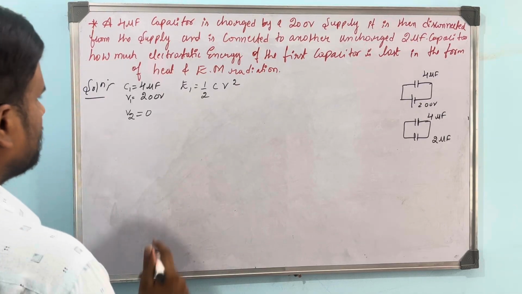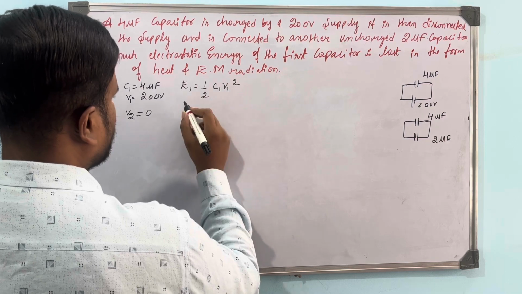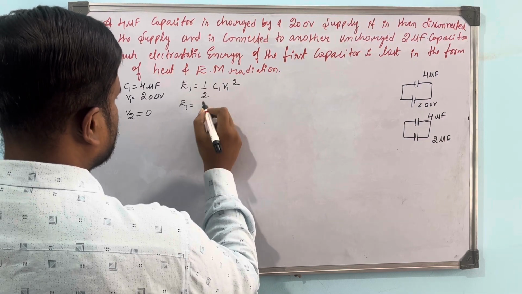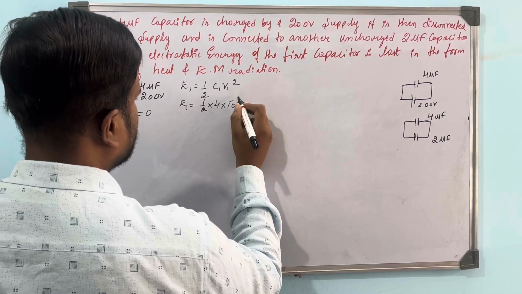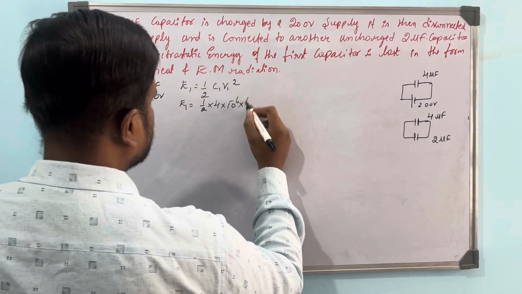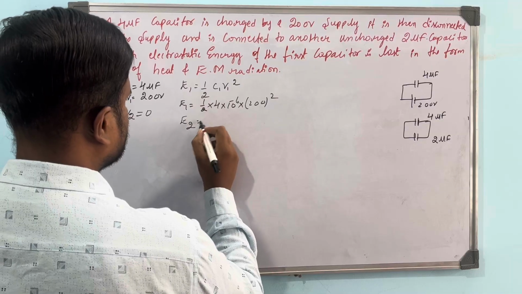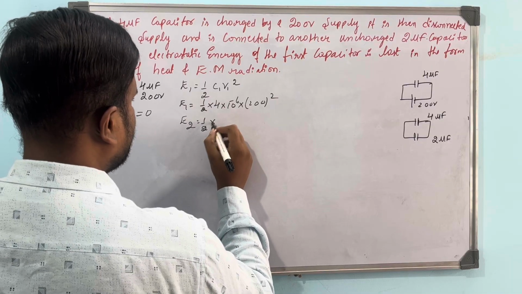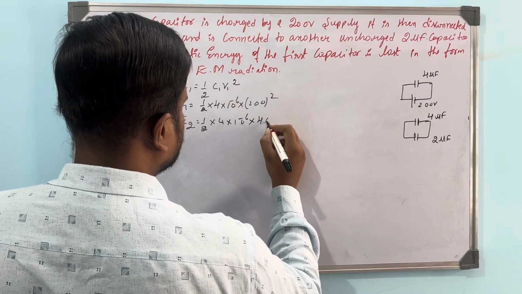So E1 is equal to half C1 V1 square, which is half into 4 into 10 to the power of minus 6 into 200 square.